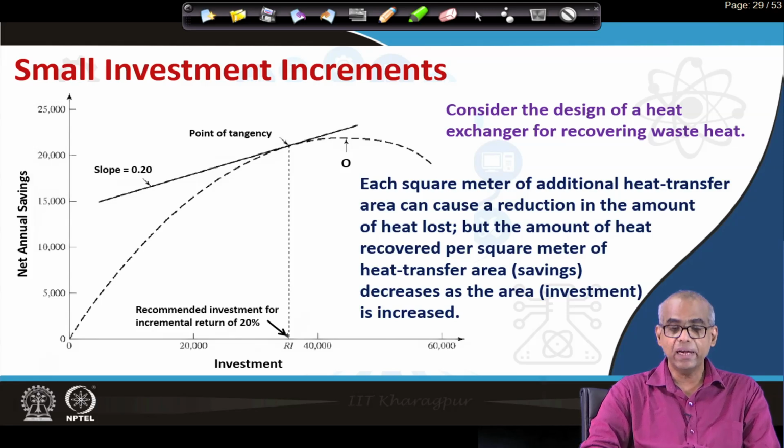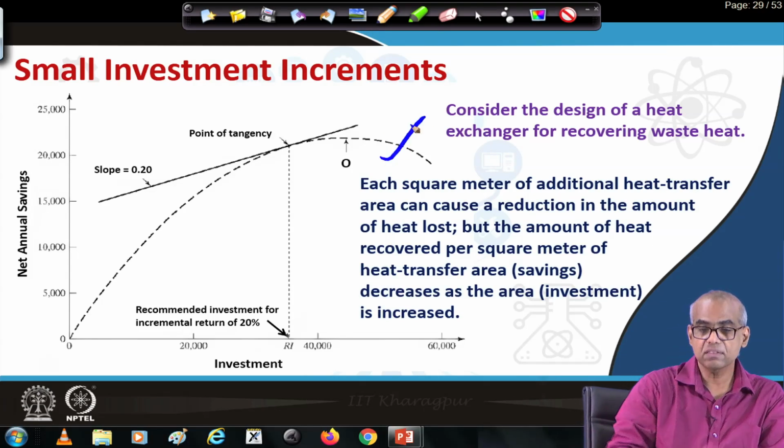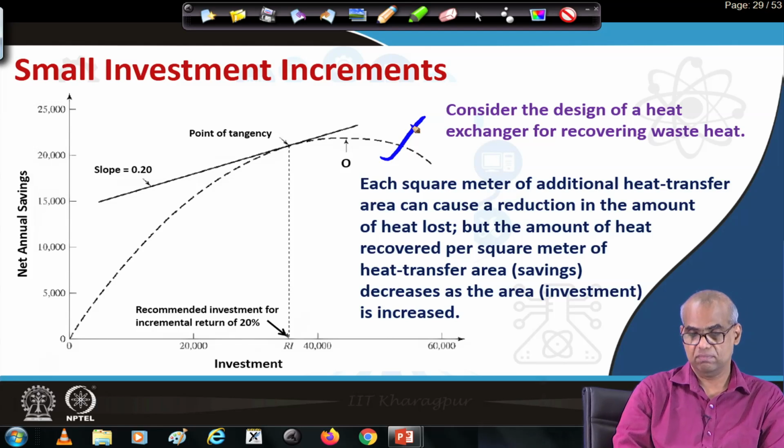As you go on adding heat transfer area, the heat loss decreases, you recover waste heat. But the amount of heat recovered per square meter of heat transfer area will decrease as the area increases. So, if we plot net annual savings versus investment, the plot will look like as shown in the figure. It will first increase, then saturate and then decrease.